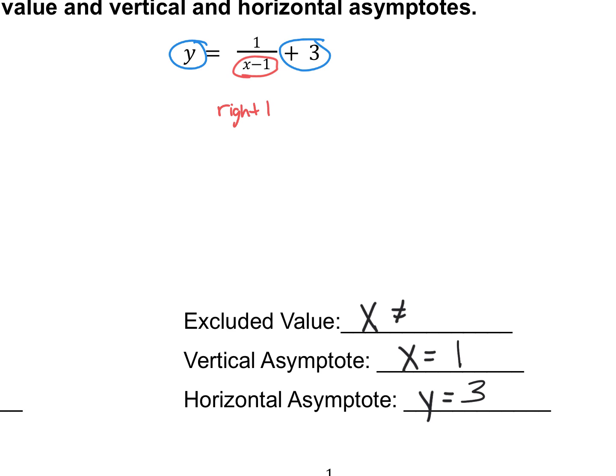Because it goes up 3. Lastly is our excluded value. Take whatever's in the denominator, set it equal to 0, and solve. Okay. X cannot equal 1.